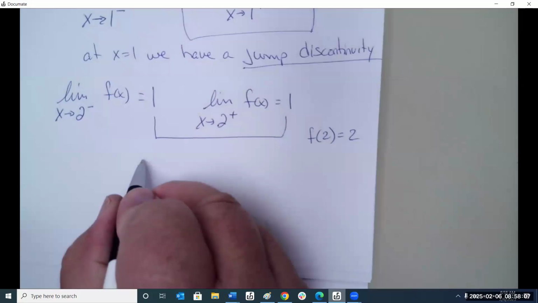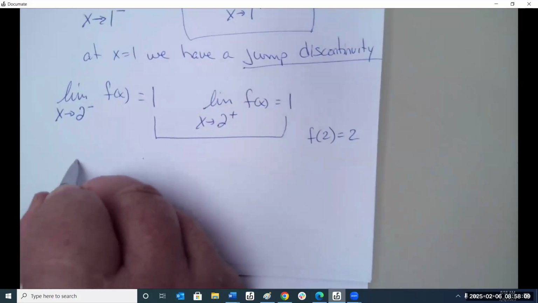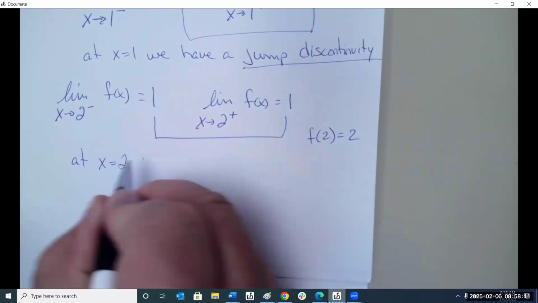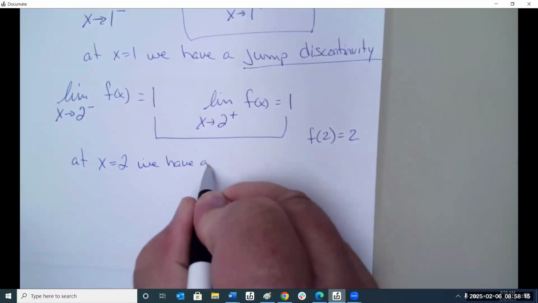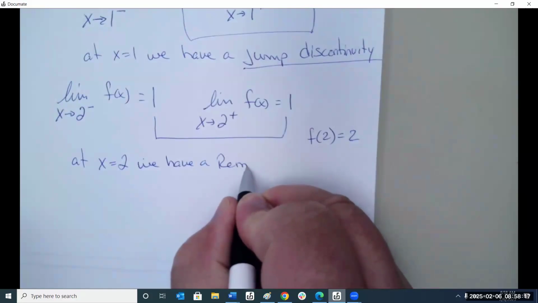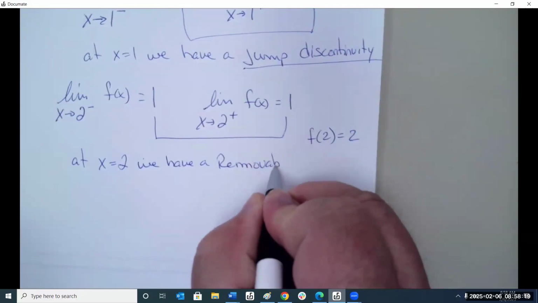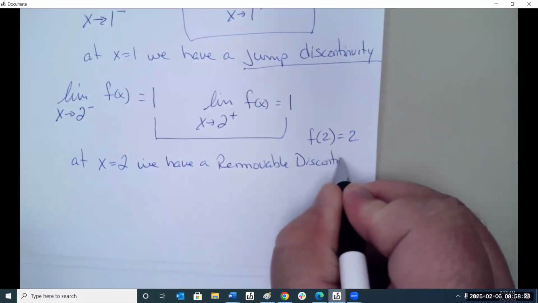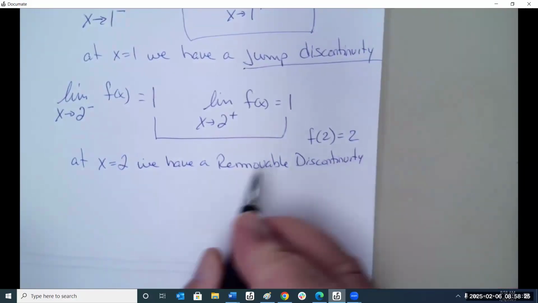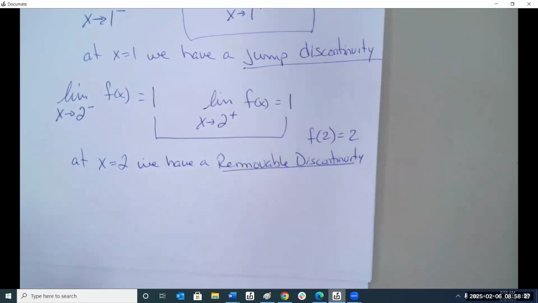We call this, at x equals 2, a removable discontinuity.